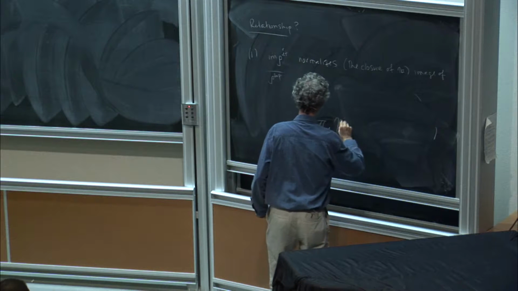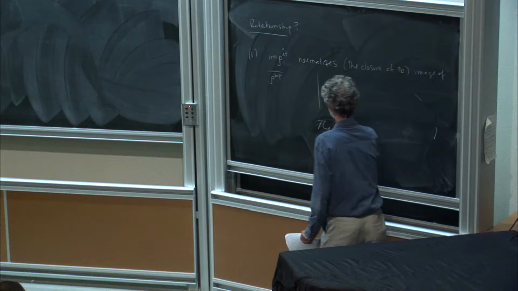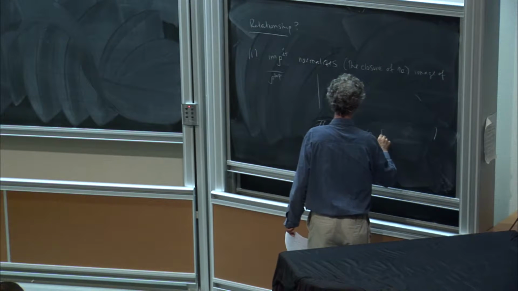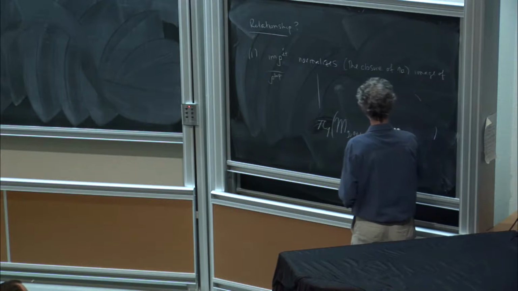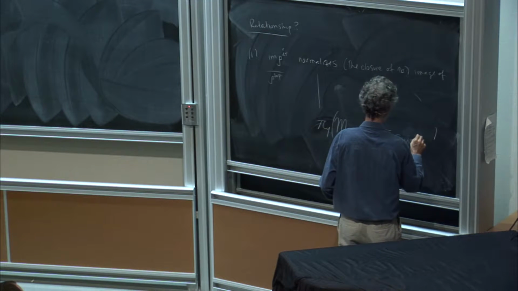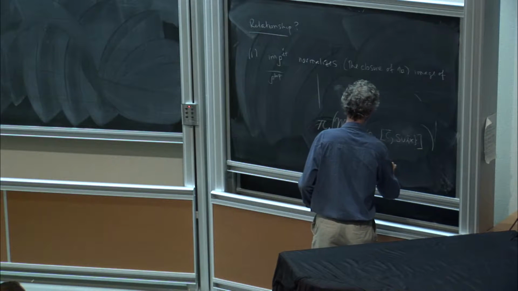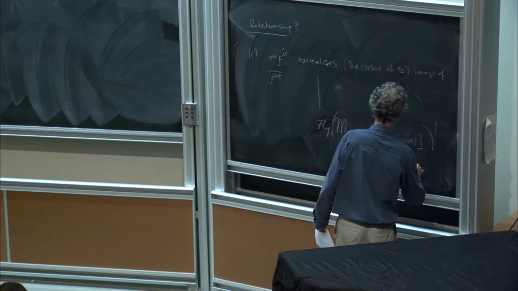Pi 1 of M_g, the ends here are approximately correct, over Q. With the base point, I'll take it to be this curve, so it's really the closure of the curve count. Maybe I'll put this S union X. And this guy here will map into the automorphisms of pi et al.